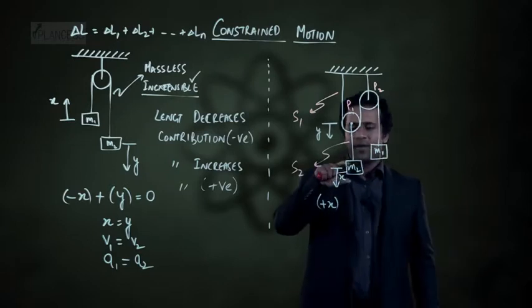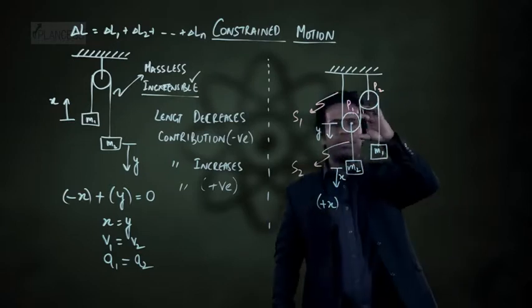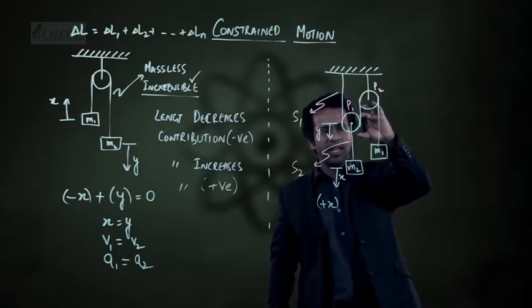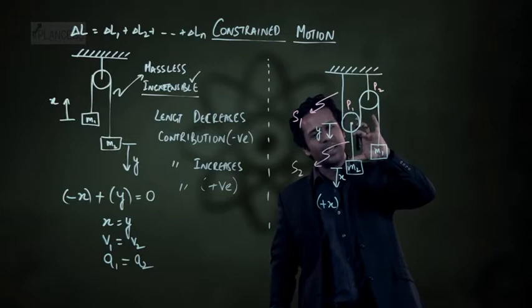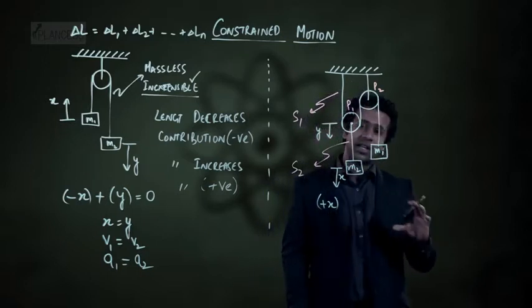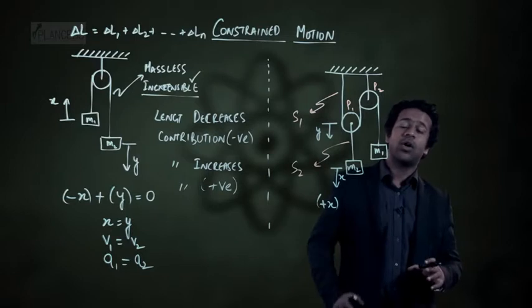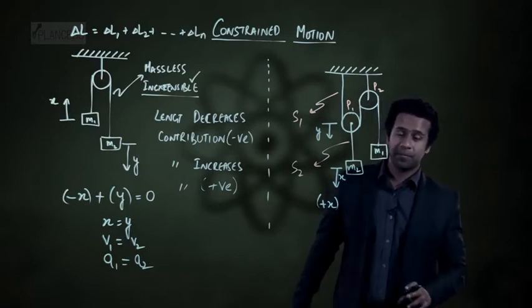Once again, if you keep M2 in its place, keep everything else in its place and bring the pulley down by an amount Y, the length of the string will decrease by this amount Y, right? Focus only on the second string, not on the first string. You're not concerned with the effects on the first string. We are only writing the equation for the second string, right?